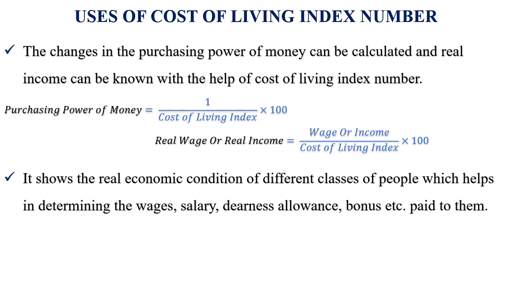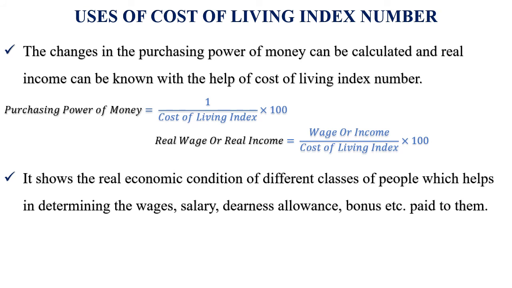So for the class of people living under certain conditions, we can know the standard of living using the cost of living index number, and we can determine how much wages they require, how much salary they require, and whether we should give them a certain proportion of DA allowance or not. If we are giving them DA allowance, what percentage should be given?